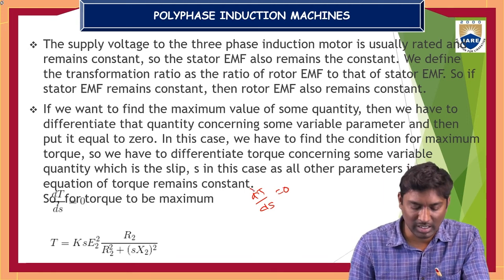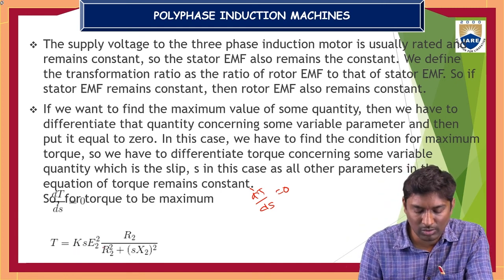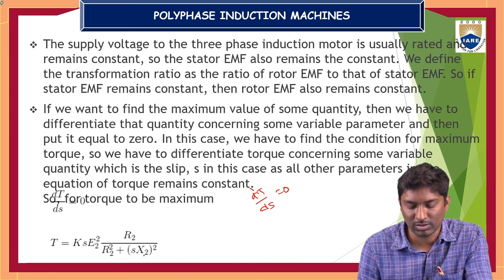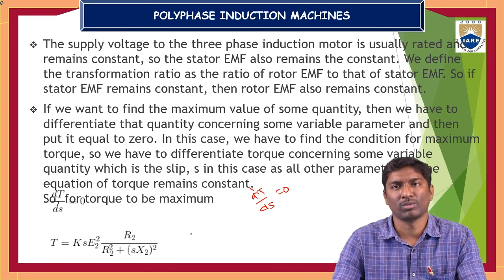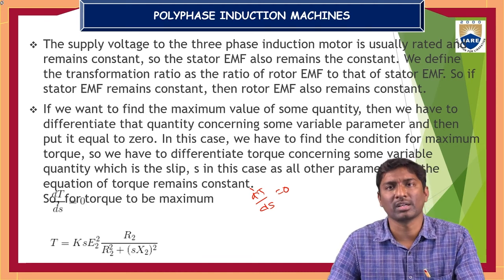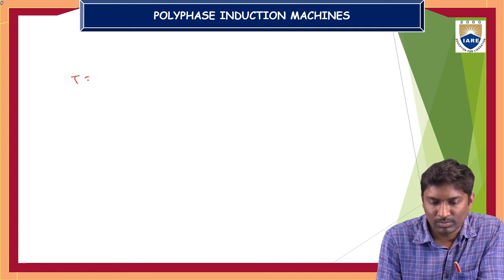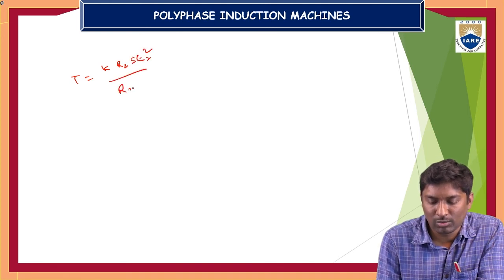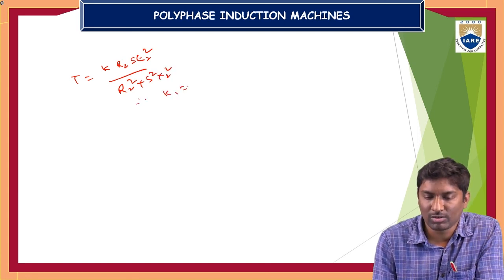Using the torque equation, torque is equal to K into S into E2 square into R2 divided by R2 square plus S square X2 square. Therefore, K1 is equal to K into E2 square.